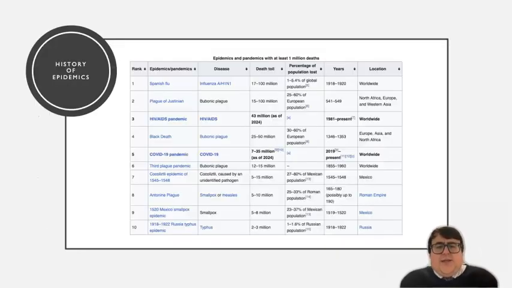You don't need to note this one down, obviously, but this is just a little bit of a slide from Wikipedia, looking at the history of epidemics and how much percentage of the population has been lost, and the death toll of these. So we can see, obviously, moving down, that COVID being the most recent pandemic/epidemic, still managed to reach number 5 on that list, with between 7 to 35 million people killed as of 2024.